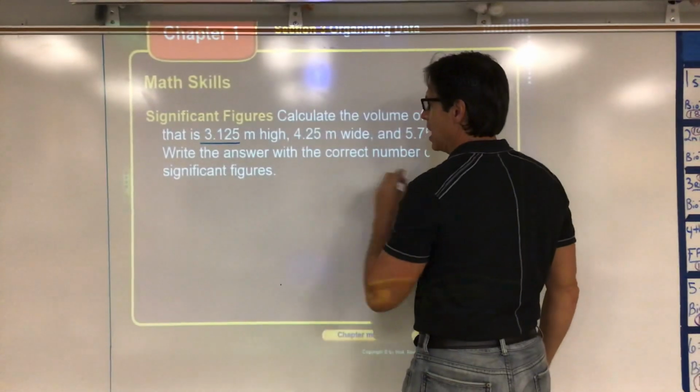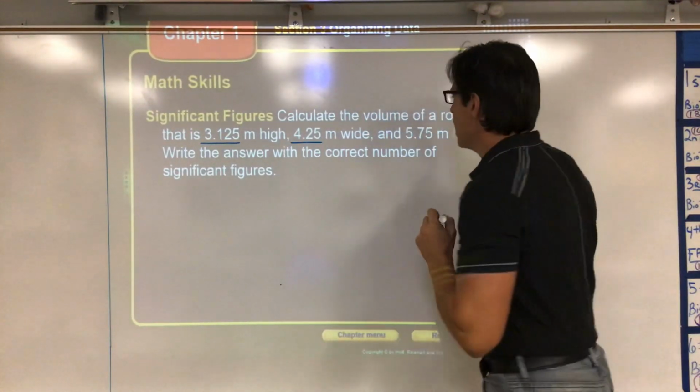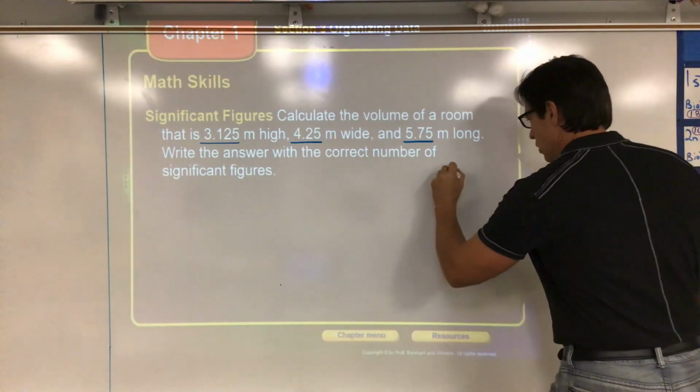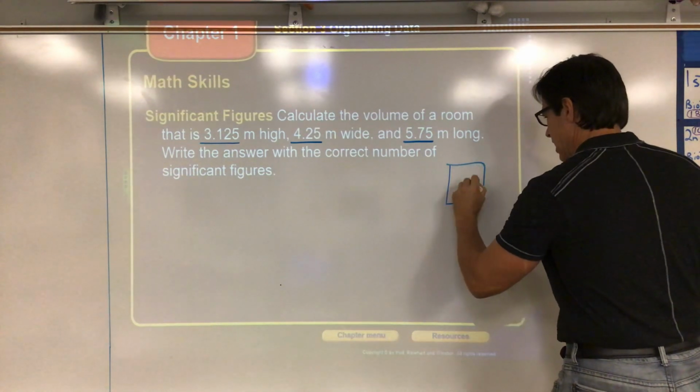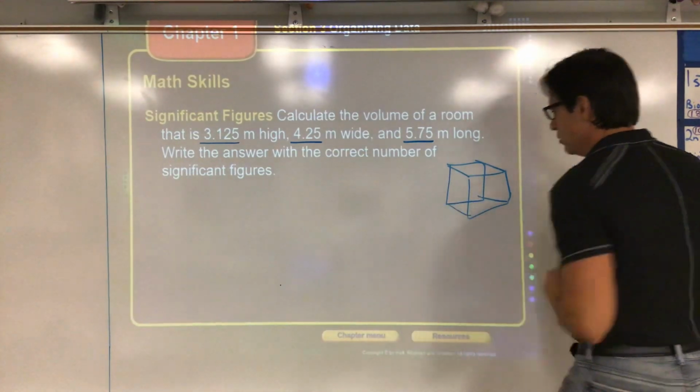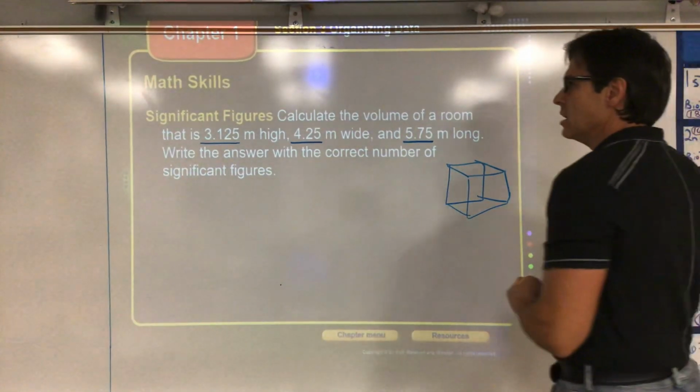All right, so here's my 3 measurements. I got 3.125 meters high, 4.25 wide, and 5.75 long. So basically what this is saying is I have a 3-dimensional box. Not bad, okay?